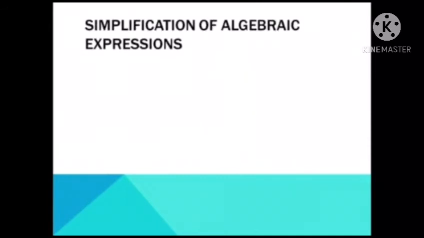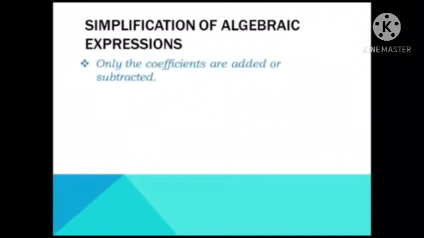Simplification of algebraic expressions. This is the major thing, how to apply the operations in an algebraic expression. The important point is that only the coefficients can be added or subtracted, when the variables are the same.